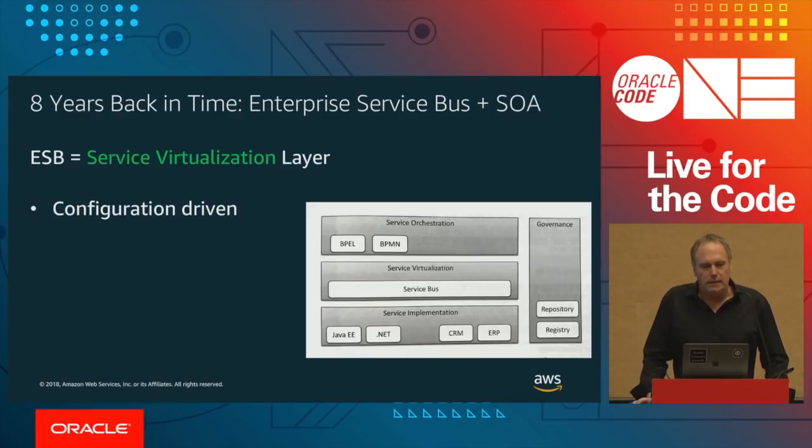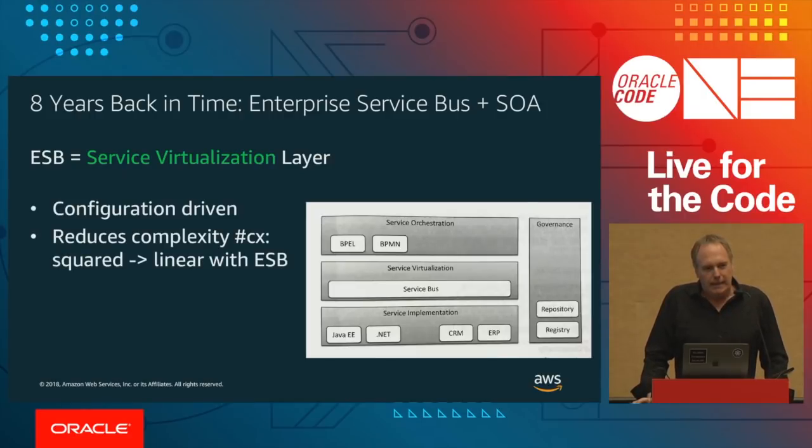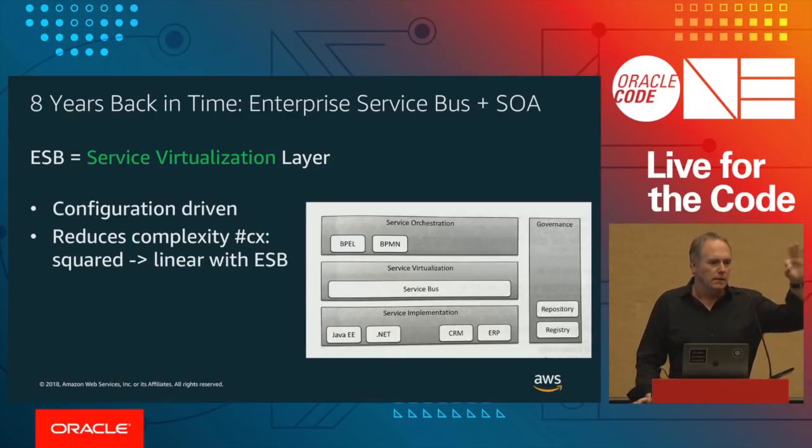And one key difference to those classical enterprise application brokers that we have seen before the service bus era is that this is configuration driven. And if you've been to any Kafka presentation in the last three years, you've probably seen a slide where they tell you, Kafka reduces the complexity, because if you connect all your services directly point to point, you have a squared complexity.